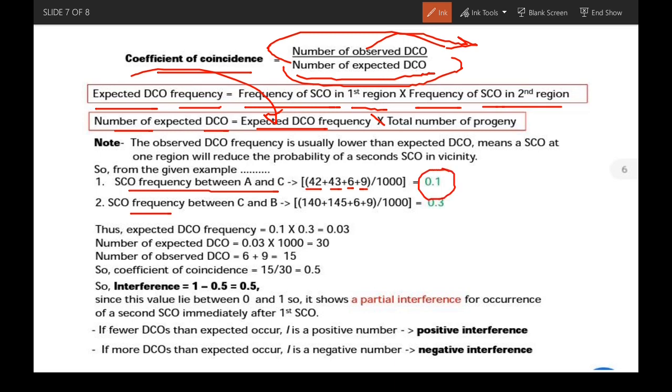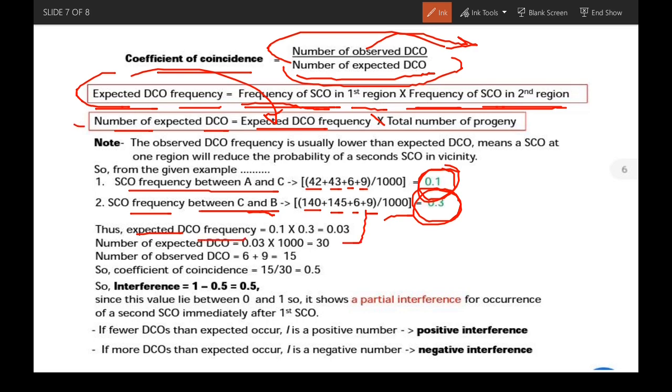While the single crossover frequency between C and B was 140 plus 145, plus 6 plus 9, divided by 1000, the total number of progeny, gives us 0.3. So we will put this in this formula. Expected DCO frequency is equal to the frequency of SCO in the first region, that is 0.1, into 0.3, the frequency of SCO in the second region. Thus expected DCO frequency is 0.03.